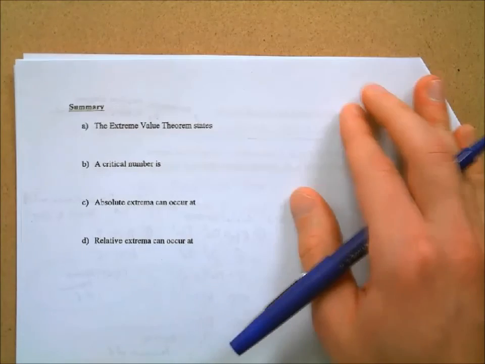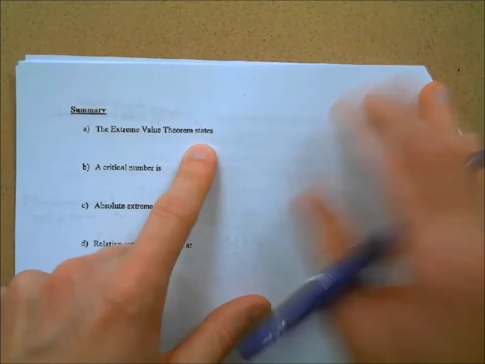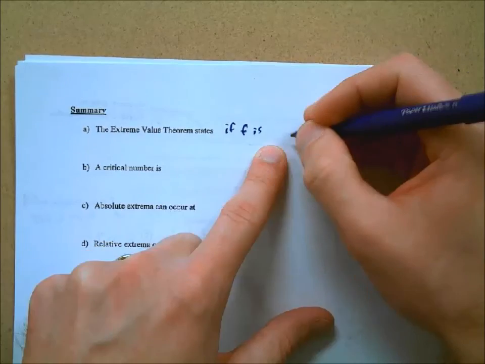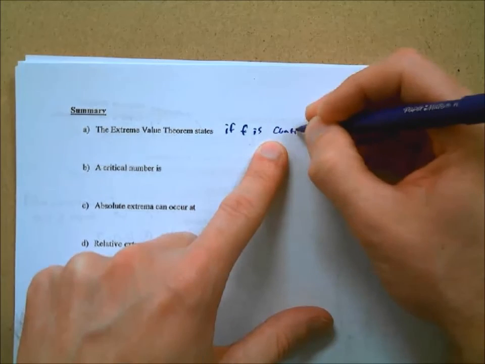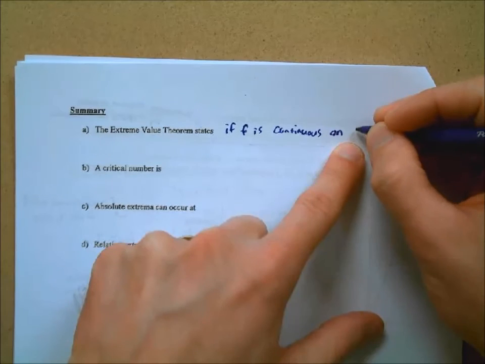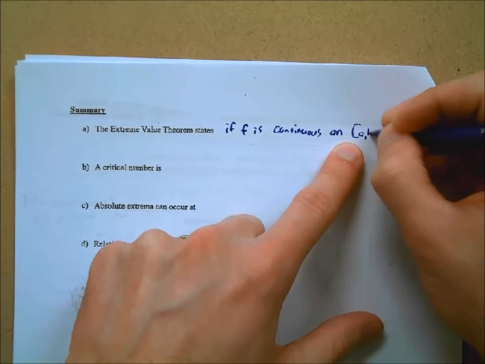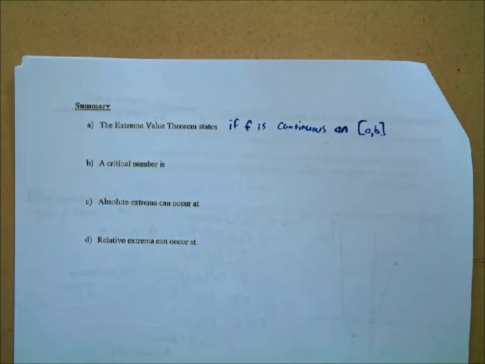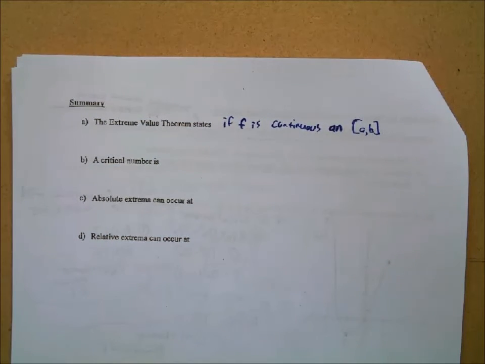In summary, the things that we talked about today: the extreme value theorem states that if f is continuous on a closed interval [a, b], I'm putting this in less mathematical terms; if you want the official mathematical definition, it's in earlier notes.